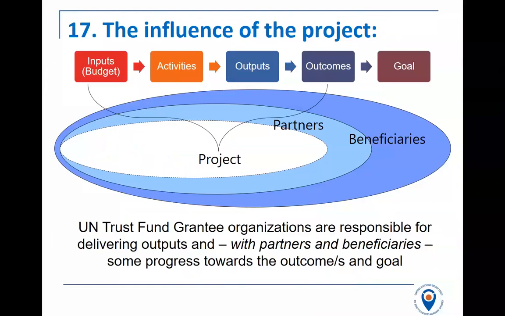At the outcome level, partners are often involved. Government can be involved. You can't control the government in entirety. So when we come to hold you accountable for the project, we're going to be holding you accountable for the outputs. We will be looking at your contribution to outcomes and the goal as well, but we won't hold you fully accountable.